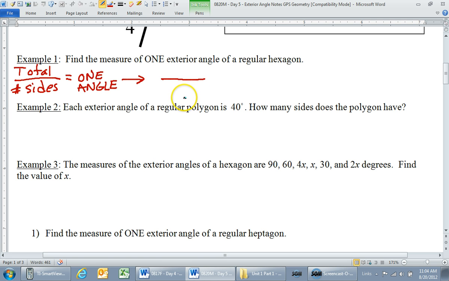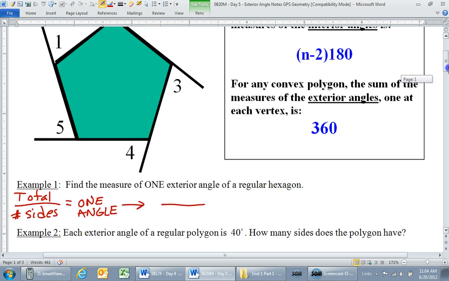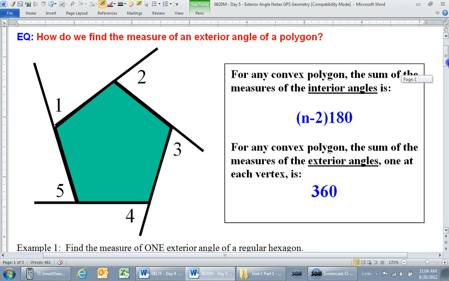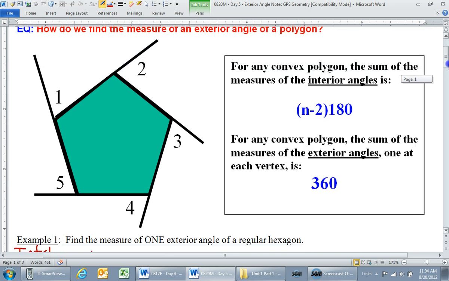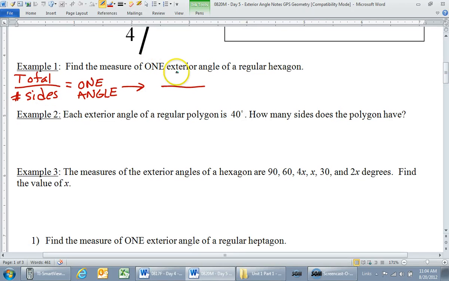Solimar, can you tell me about the total degrees? If we're talking about exterior angles, do you know what the total degrees are going to be? The outside. 360. The outside angles, the total degrees will just be 360. So instead of having to put some formula up there, I just get to put 360. Plain and simple.